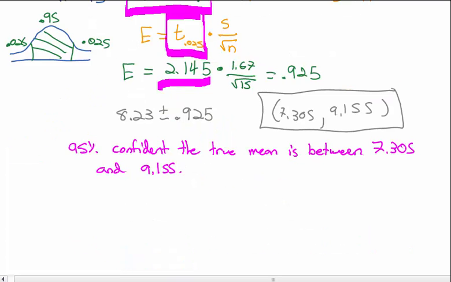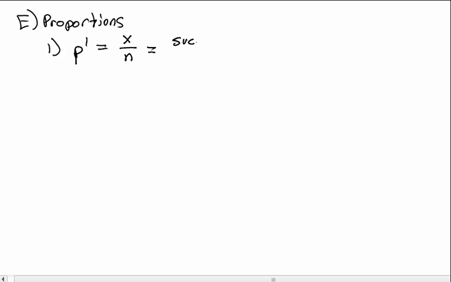One more type of confidence interval I want to look at, though, is proportions. A proportion, we'll use p hat or p prime, some people say. The way we calculate a proportion is we take some x divided by n, or the number of successes divided by the number of trials.